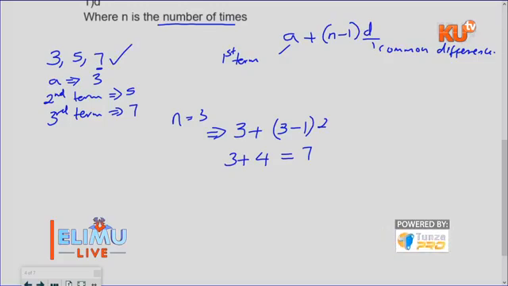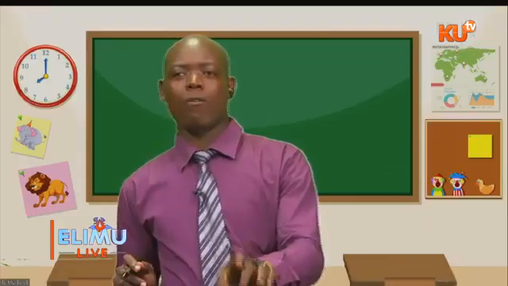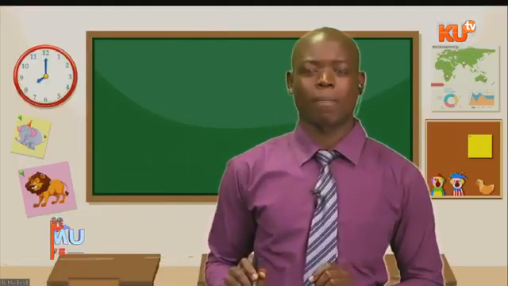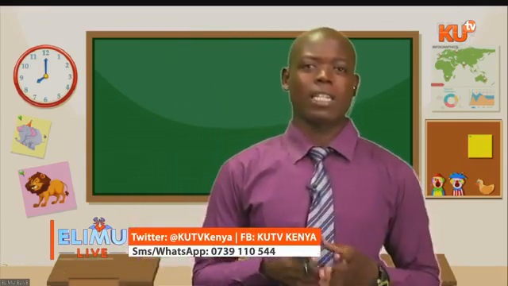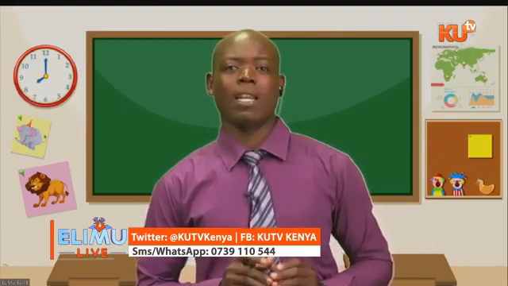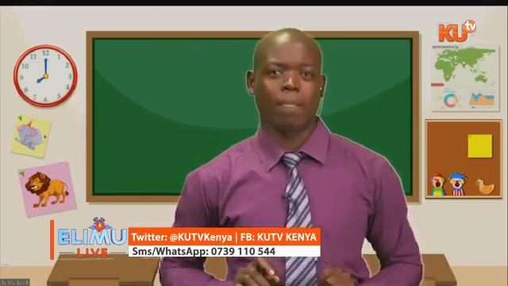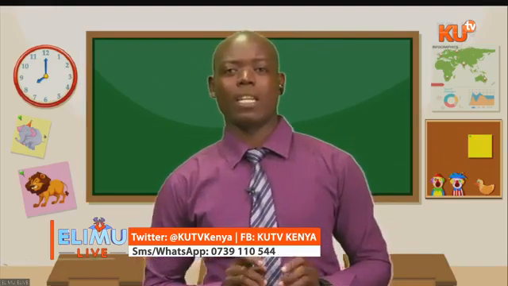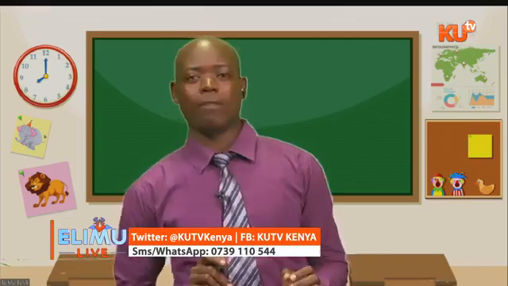This formula can help with any number of terms that you are asked, as long as there is a rule in line with what we are explaining to be the order of an arithmetic sequence, that there has to be a common difference. And if you have the common difference, then you'll be able to apply the formula.